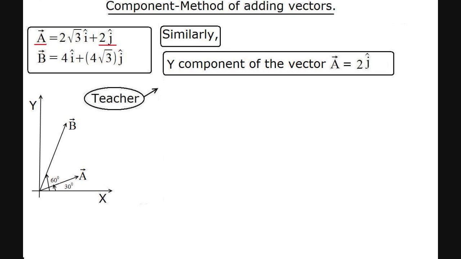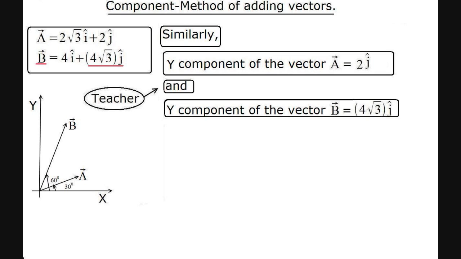Similarly, y component of the vector a bar is equal to 2 times j hat, and y component of the vector b bar is equal to 4 root 3 times j hat.